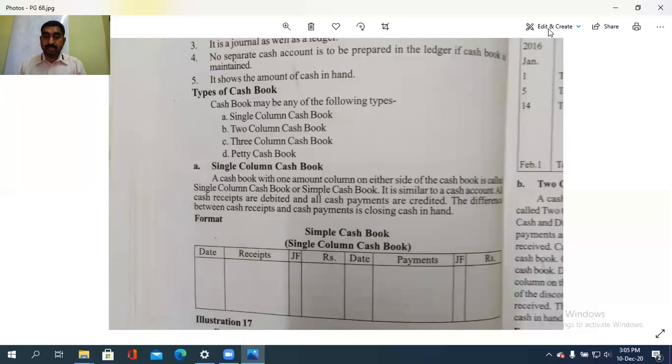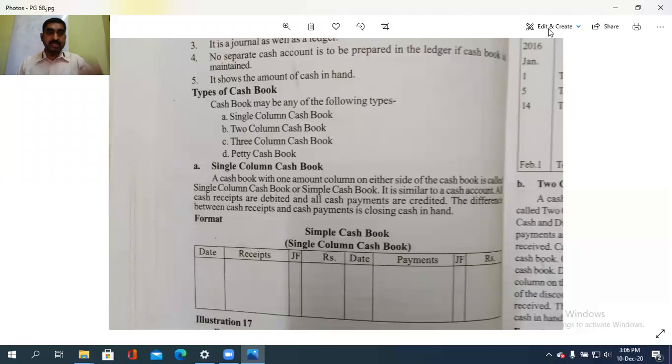See the format for the single column cash book: date, receipt, journal folio, rupees, that is the debit amount column. And on the credit side, date, payments, journal folio, rupees, that is the credit amount column. The debit side is the receipt area, and the credit side is the payment area. So this is the cash book, another subdivision of the journal. We see subdivisions such as purchases day book, purchase returns day book, sales day book, sales returns day book, and cash book.